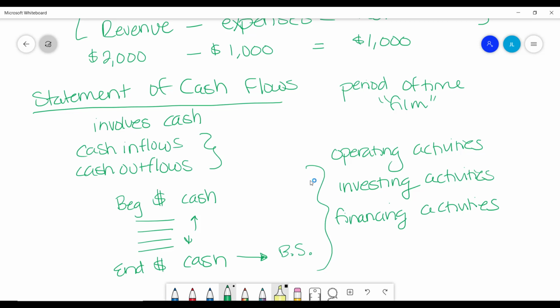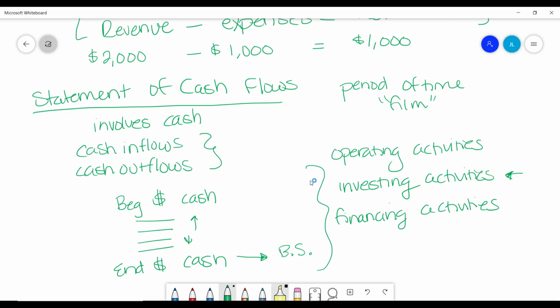Investing activities refers to any cash in or out resulting from us investing back into the business. So this would include, let's say you bought a new building to expand operations. If you bought a new building, it's yours, that is an asset. The cash you spent on that asset, any cash down, or if you bought it completely for cash, that would be a cash outflow seen under the investing activities category.